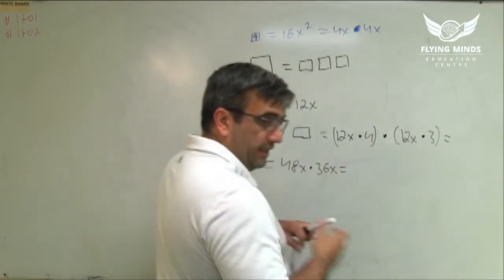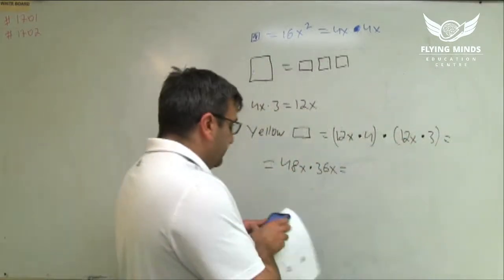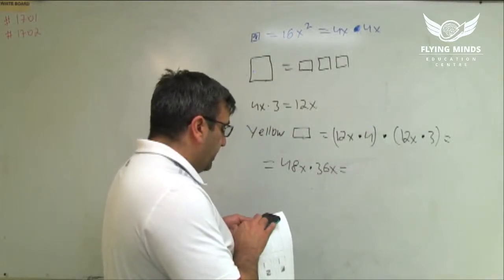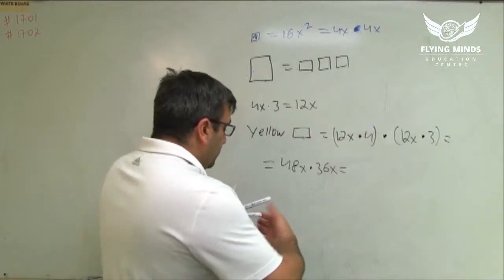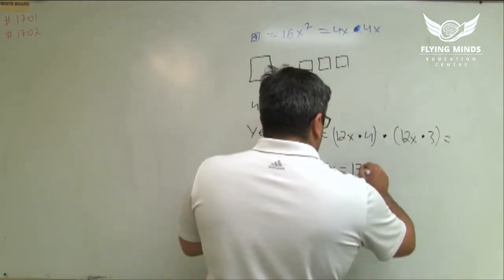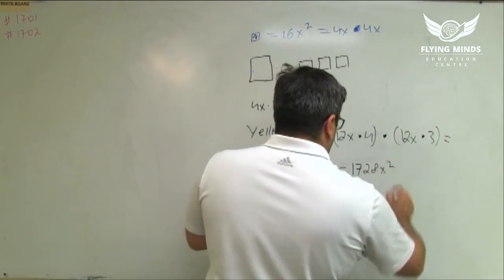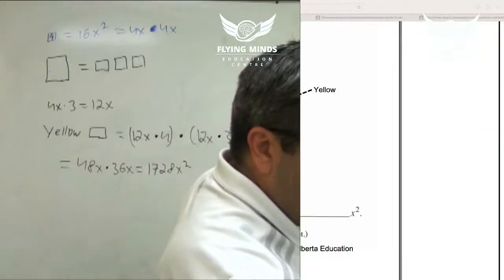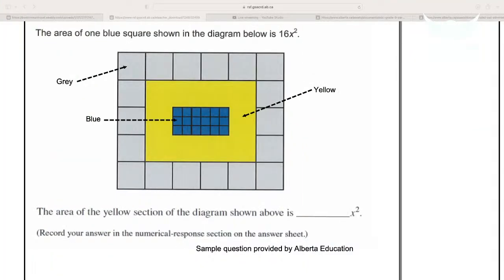So 48 times 36 will be 1728. But what's left to do is to subtract the area of the blue squares, right? If one blue square is 16x squared, we have 18 of them.